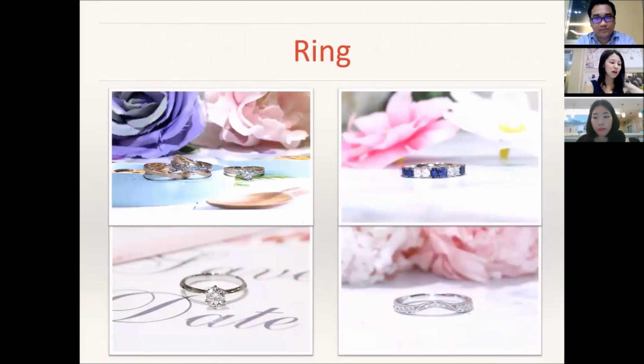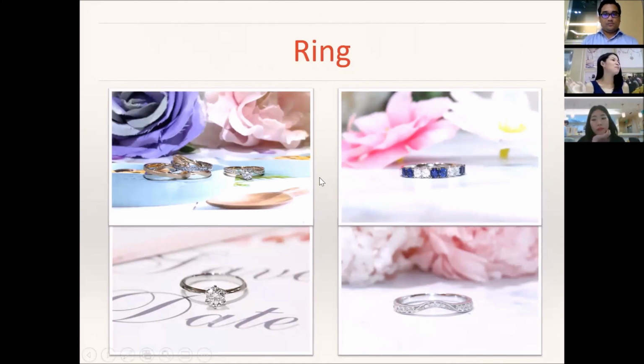And the best way to create white gold is not 22K or 24K, because the alloy will be too yellow. So 18K is a good in between. It's pure enough, and at the same time sturdy enough, not too soft. Okay, some designs of the ring.